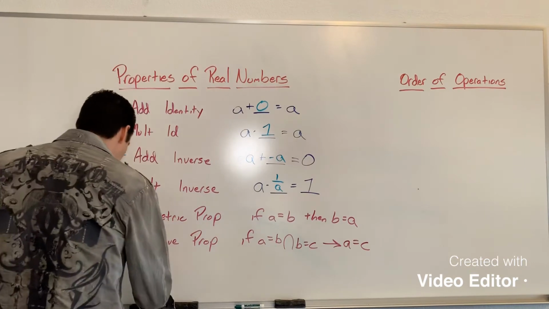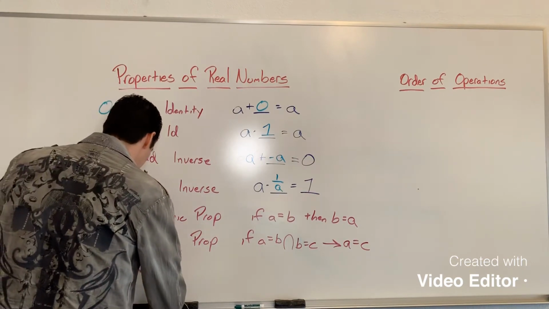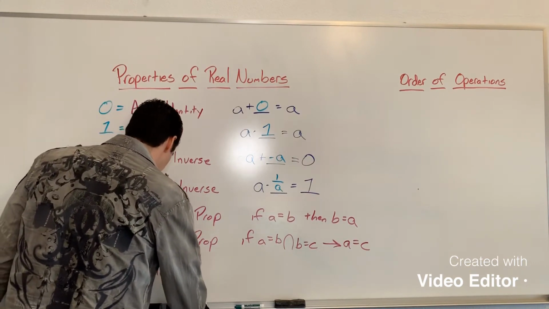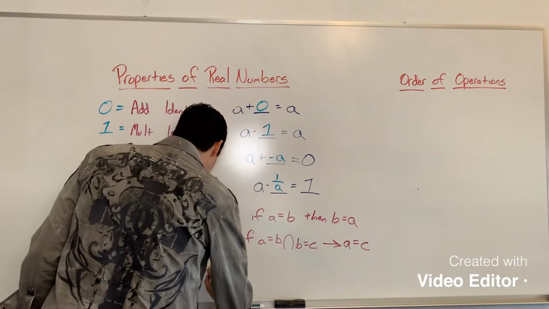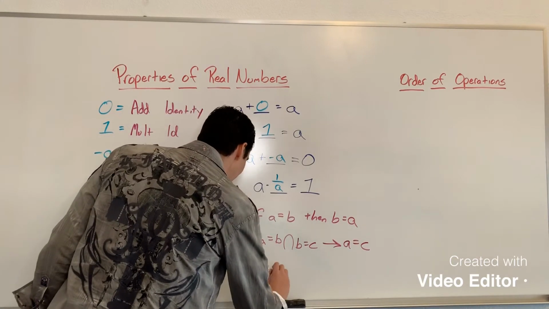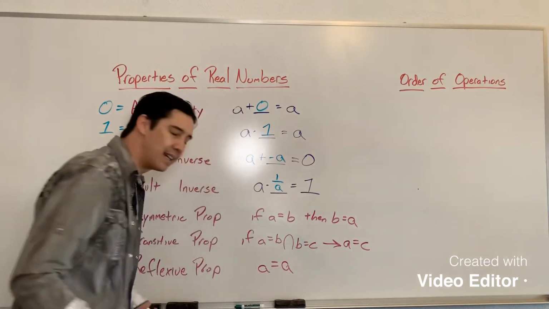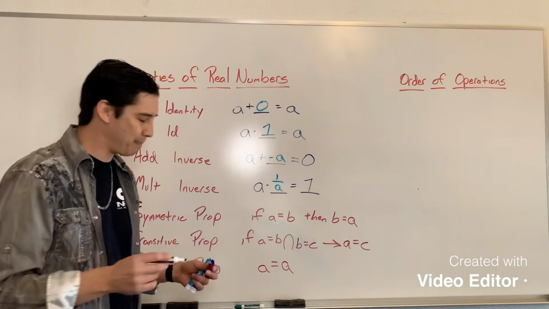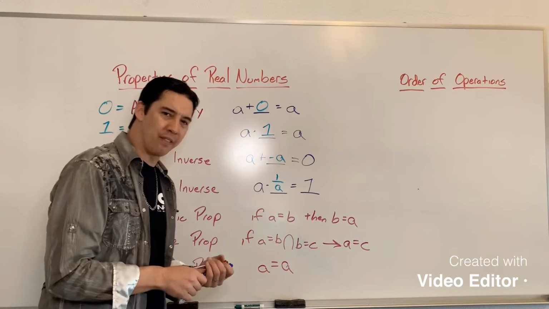Finally, we have the reflexive property. And that simply states that A is equal to A. Now that might sound pretty silly, right? But I'll give you a quick example of how that works.